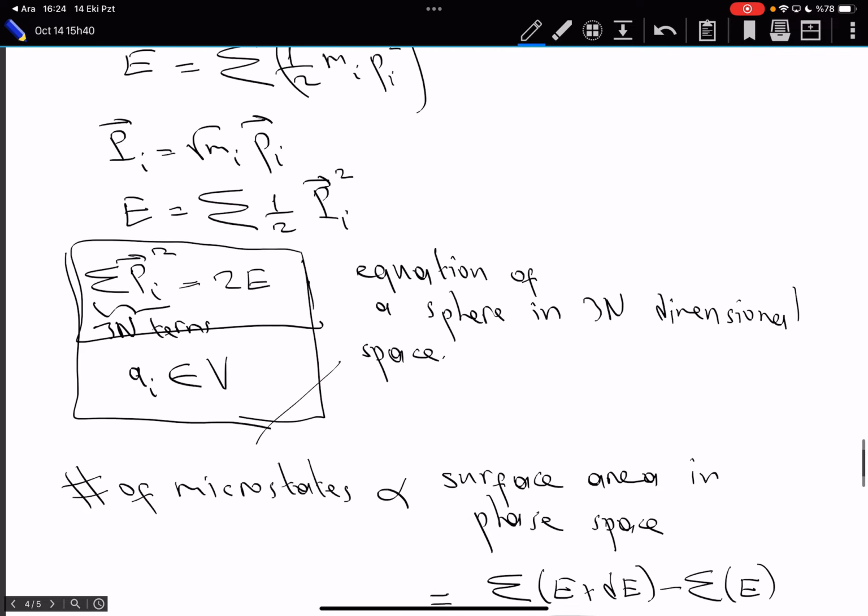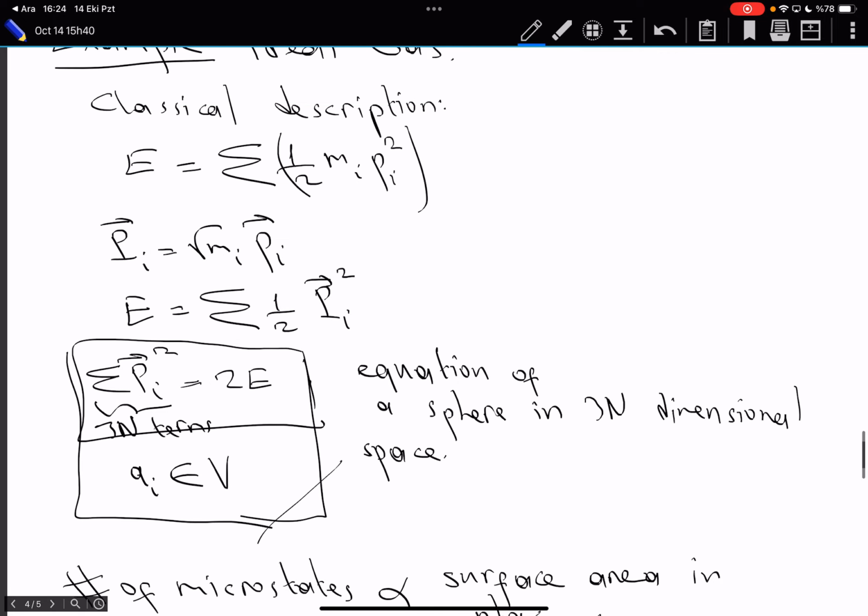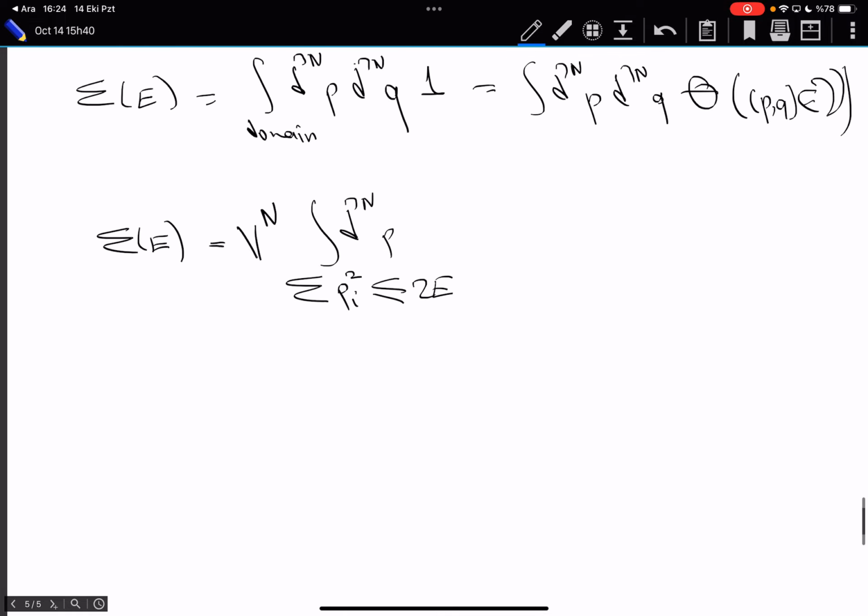I mean, you can say square root of m_i p_i. Well, in fact, let me just keep this. By the way, this is not the correct energy expression. Well, for simplicity, let me keep m_i to be constant. So this is the small p, and this is 2mE.